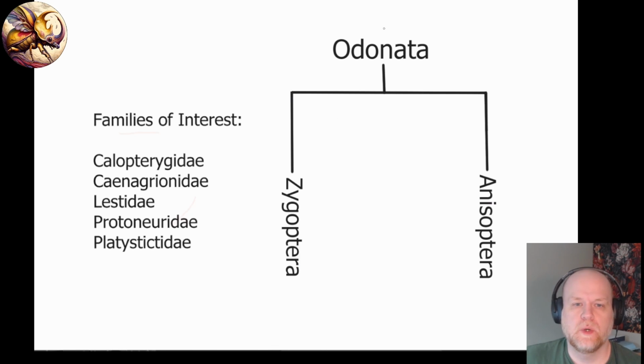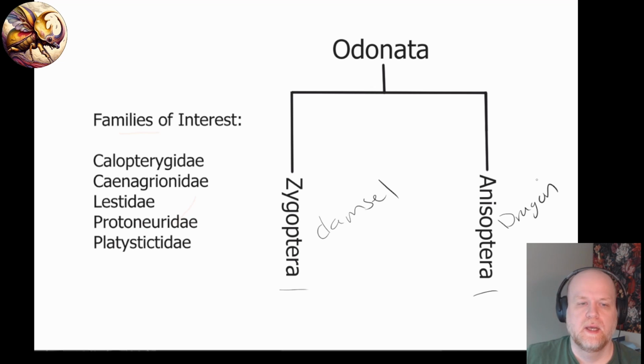So, if you will recall, the Odonata were divided into three groups, but only two of them are of any consequence: the Zygoptera and the Anisoptera. The Zygoptera are the damselflies, and the Anisoptera are the dragonflies. So we're going to start with the Zygoptera.